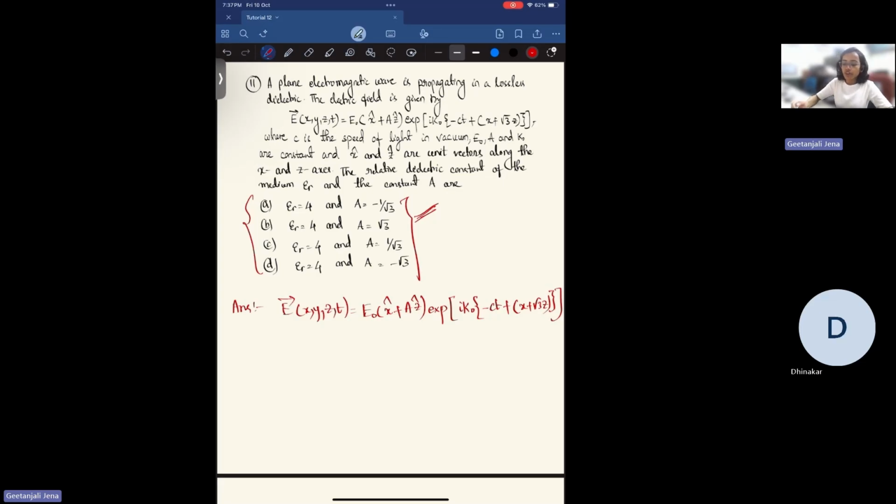If not, I will show you the steps. Use Maxwell's equations in a lossless dielectric. How can you simplify it so that you can get the amplitude and the relative dielectric constant?